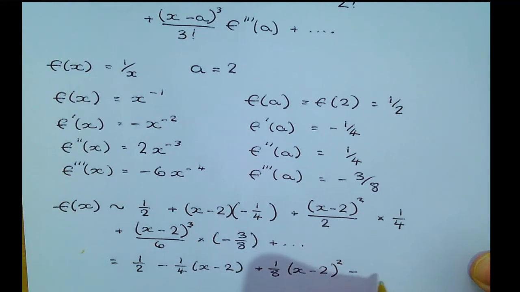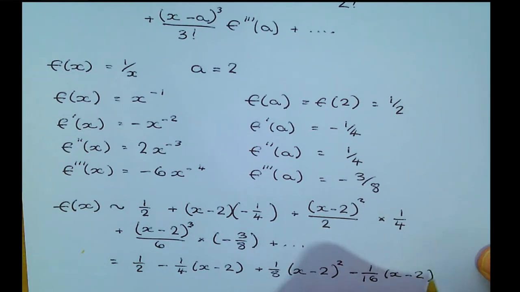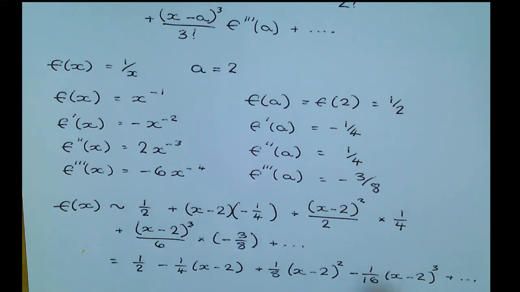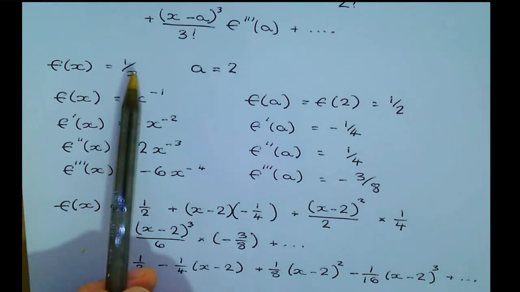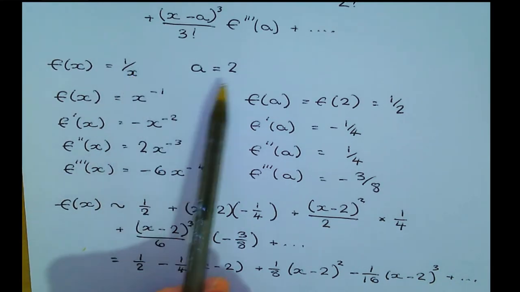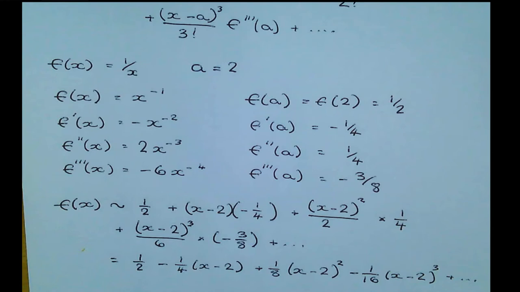We'll end up with minus a 16th of x minus 2 all cubed, and so on. So this is our Taylor series expansion for the function f of x is 1 over x around a equals 2. What we don't do is expand the various brackets and combine the various terms.